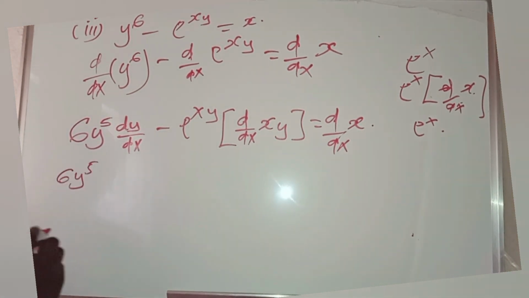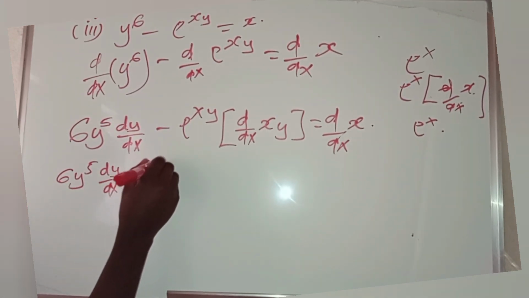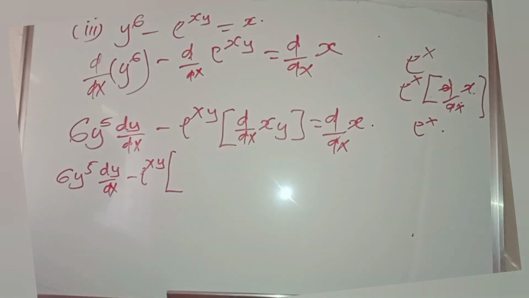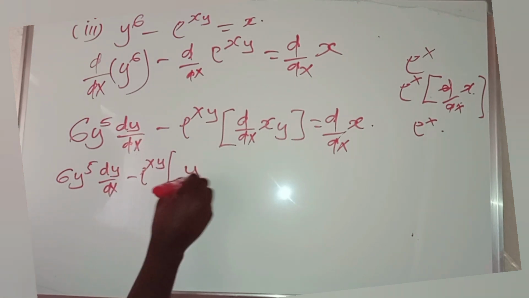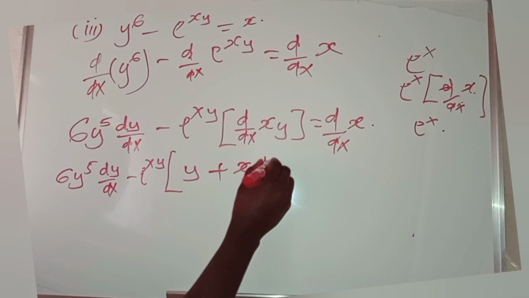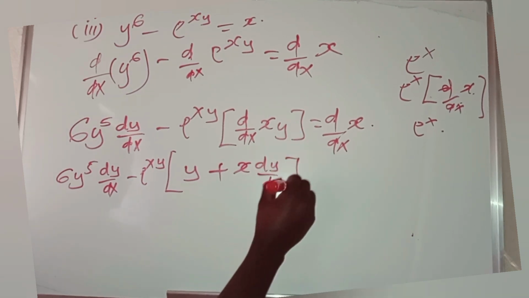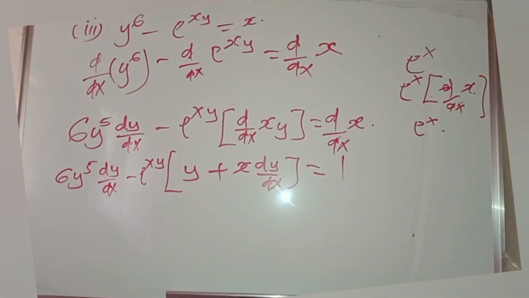So 6y raised to the power 5 dy dx minus. Under this, we simply use the product rule. So you have y plus x dy dx is equal to 1.